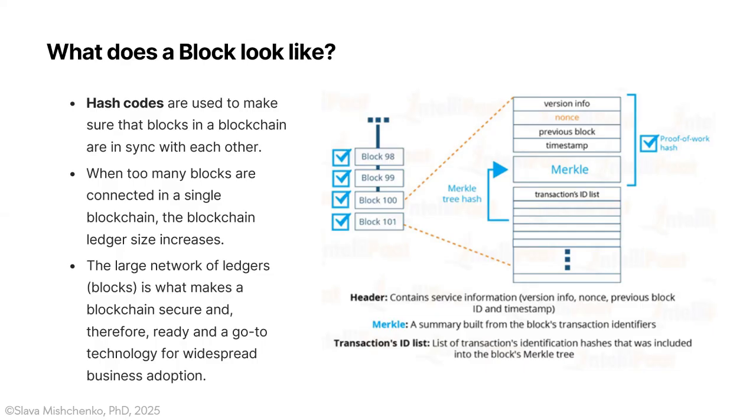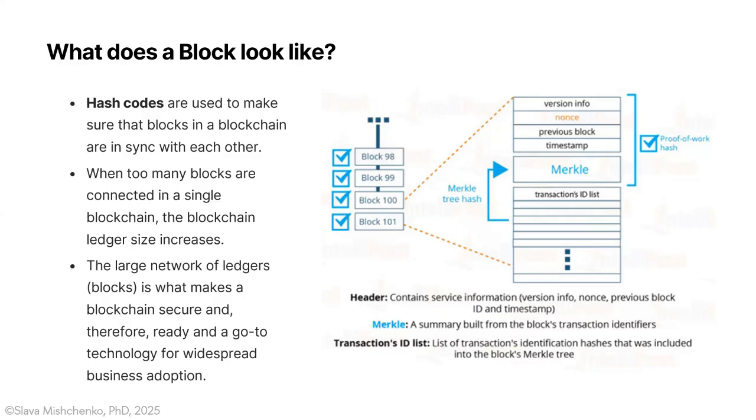The header is particularly interesting because it contains what I call the vital statistics of the block, which is version information, a nonce, which is a special number used in mining, a reference to the previous block, and a timestamp. So you can think of it as the block's ID card.